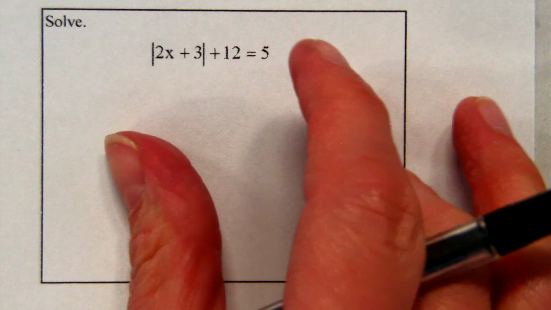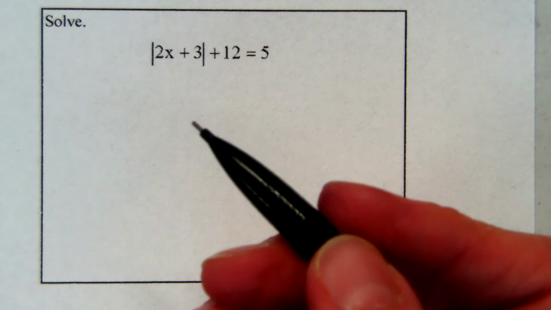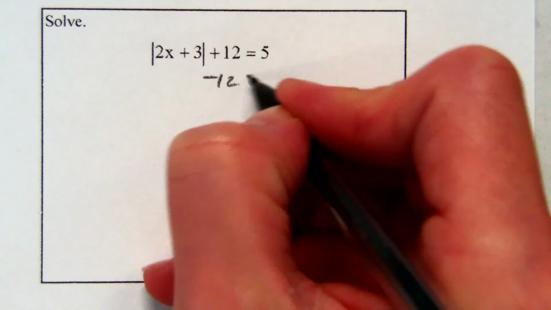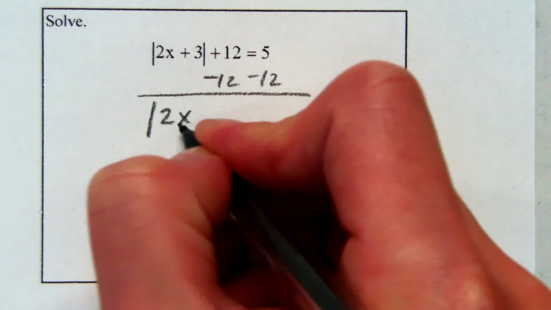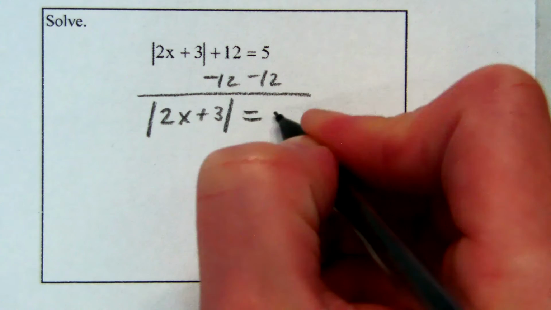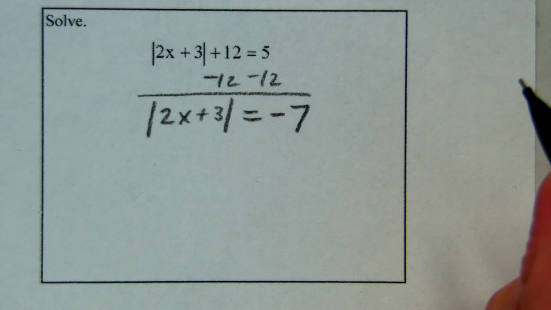Okay, so on this, I cannot do the 2 equations yet. What would I have to do first? Minus 12. Okay, and so then I'm going to have the absolute value of 2x plus 3 equals negative 7. I want you to think about that for a second. What's wrong with that?